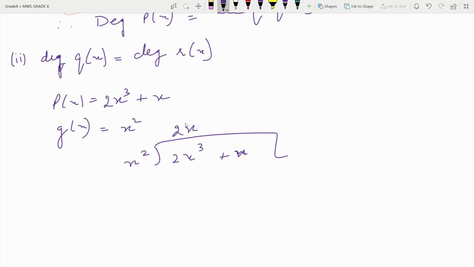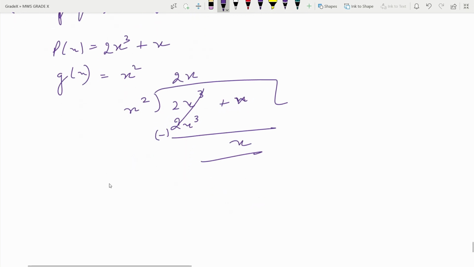If you multiply 2x with this, you will get 2x cube, and this is over. Now the next is x, and here we have x square, so we can't solve further because the degree is less now in the remainder.